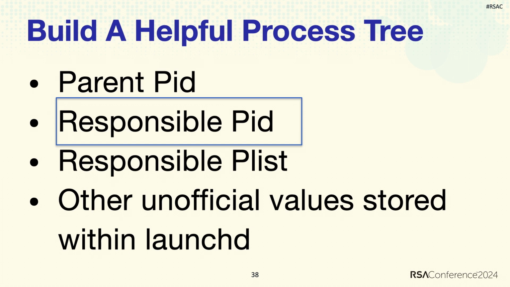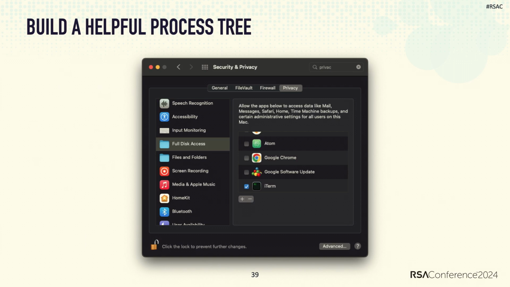The responsible PID is one of the unique process IDs that Apple has on their operating system. Of course, you have a lot of Unix-based process IDs that come from the BSD side into the macOS ecosystem, but the responsible PID is very specific to Apple's setup, and we'll dive into that here.